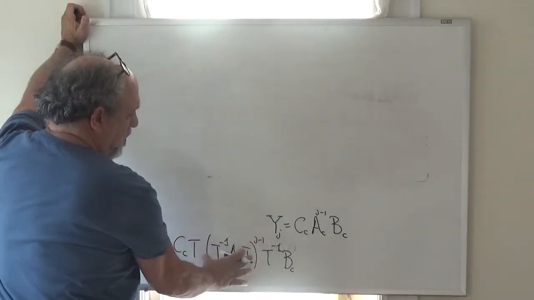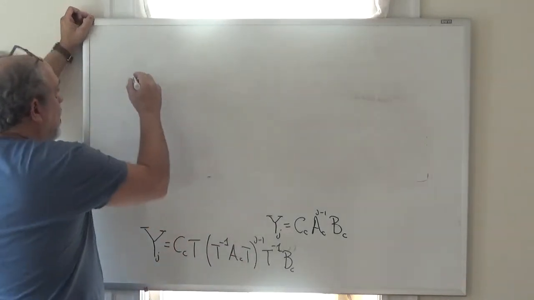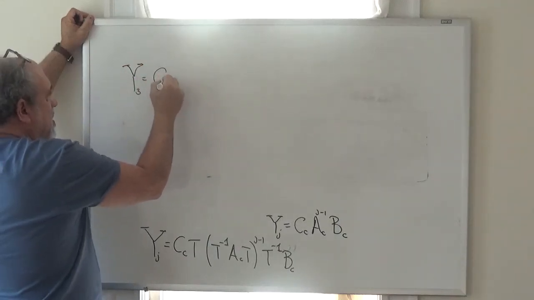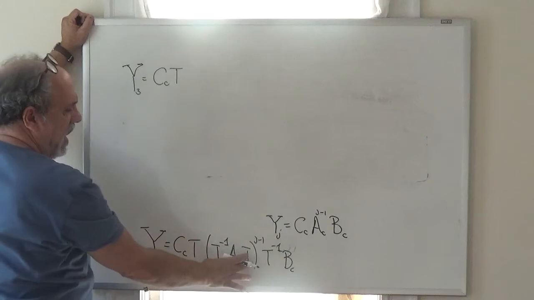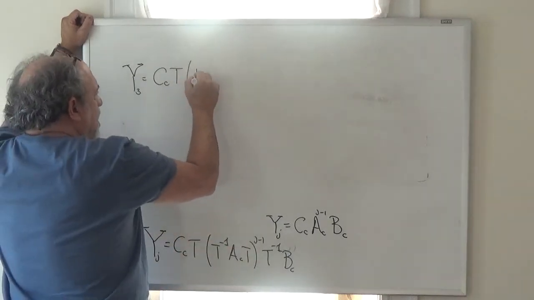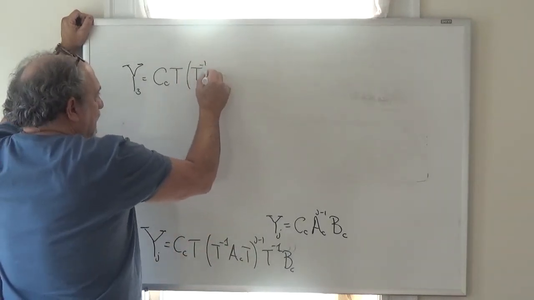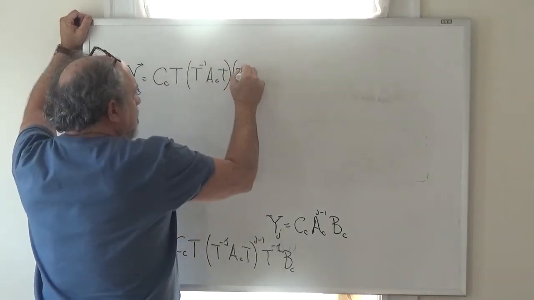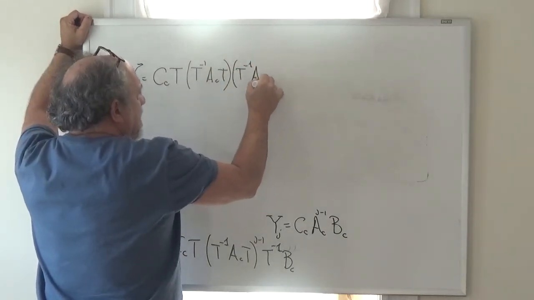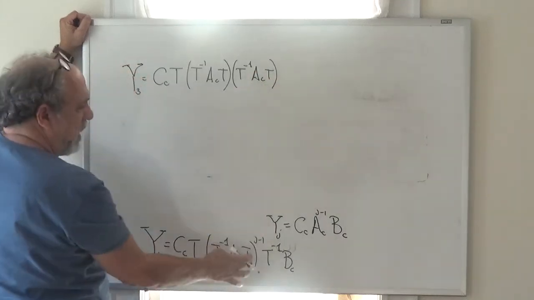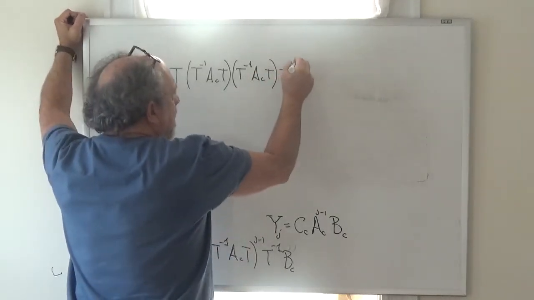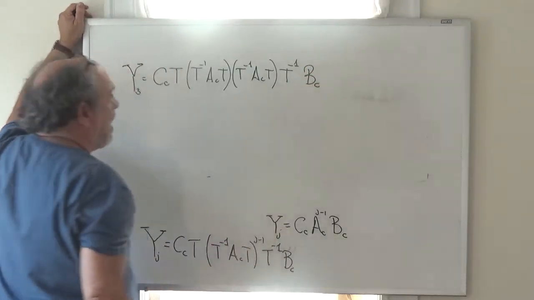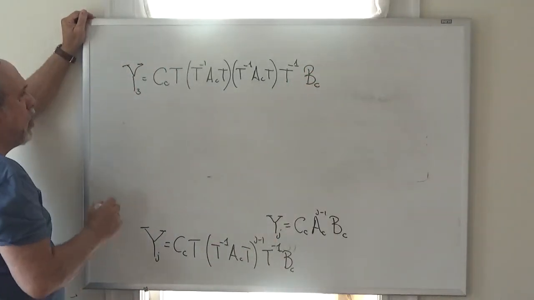So that means this would be raised to the second power, right? So the Markov parameter 3 would be Cc times t, and then t to the minus 1 ACT times t to the minus 1 ACT, right? That would be a 2. Then times t to the minus 1, then times BC, right? So that's the way the Markov parameter in general would look.